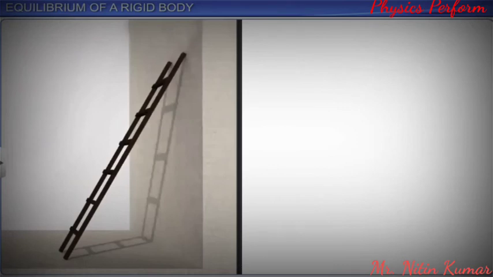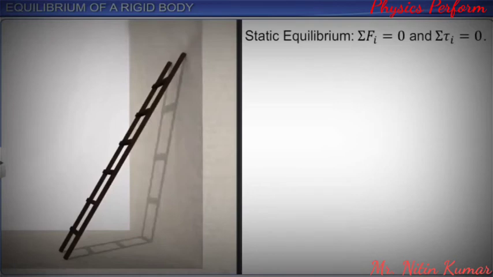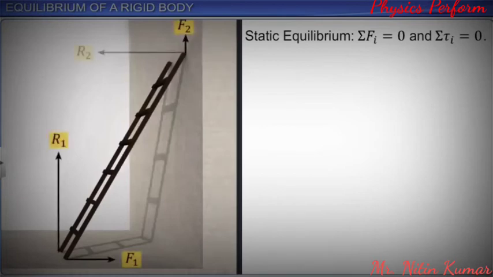For example, the ladder shown here is in static equilibrium. This means sigma Fi is equal to 0 and sigma tau i is equal to 0. There are 5 forces acting on the ladder. F1 and F2 are the frictional forces. R1 and R2 are the 2 normal reaction forces.